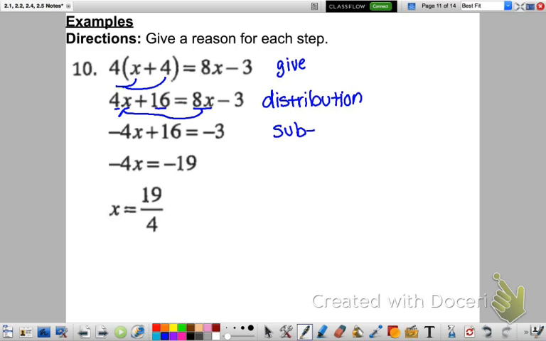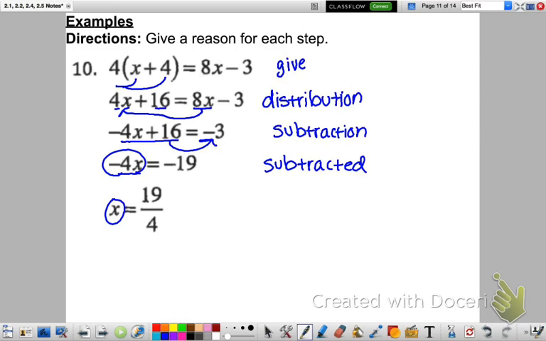So that would be subtraction. To go from 4x plus 16 to 4x, they moved the 16 to the other side of the equal sign. They subtracted again. Now the very last thing they did to go from 4x to x is they divided by negative 4 on both sides. So division would be the final reason.